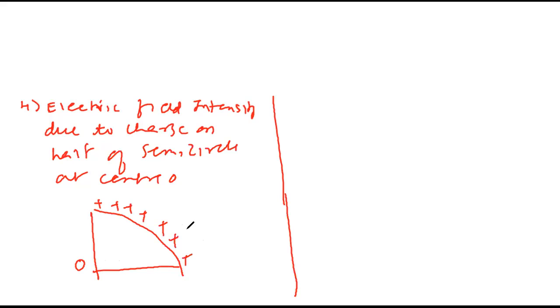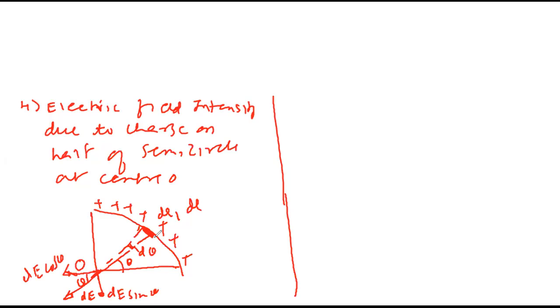Again, lambda is charge per unit length. Let dq be the elemental charge on elemental length such that this arc subtends very small angle d theta, making angle theta with the horizontal. Now intensity dE is directed outward. It will have two components, dE sine theta downward, dE cos theta in horizontal.